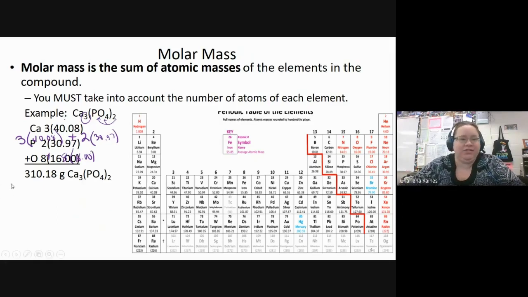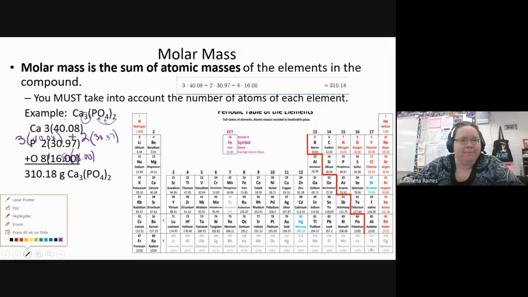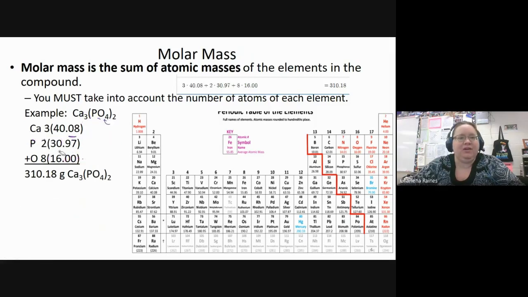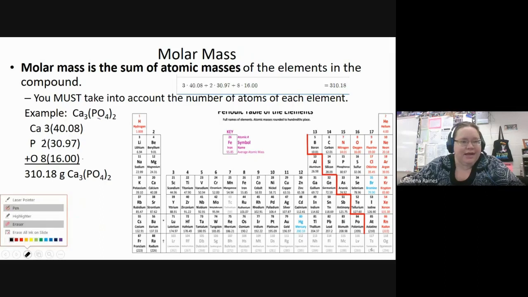Now, here are 2 different ways to show the same thing. Here we go on the calculator. One would be in a straight line, linearly. One would be like I'm showing it on the screen with them on top of each other. Either way, you're looking at total number of atoms times each of their atomic masses.